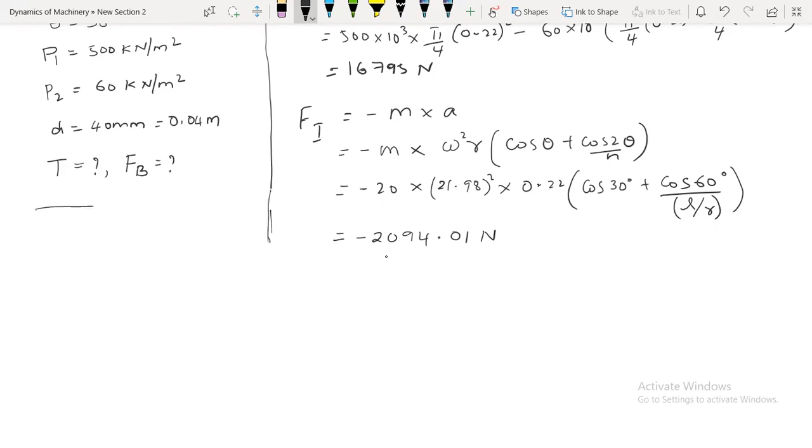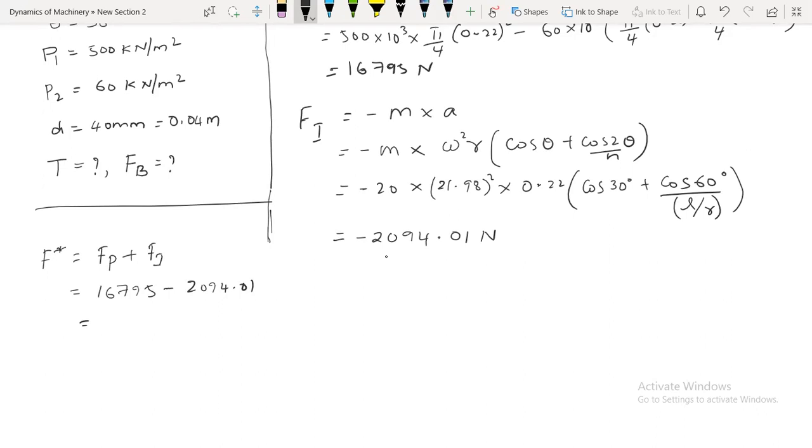So now from this I can find out the piston effort. Piston effort equals Fp plus Fi. What is Fp here? We got 16795, and Fi is minus 2094.01.